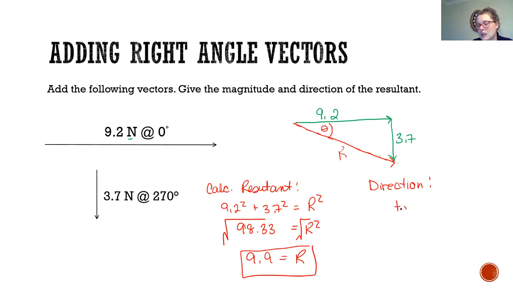Tangent is opposite over adjacent, so the tan of our angle is equal to the opposite side, 3.7, over 9.2. What do you get for your angle? Remember, this is a shift tan scenario.